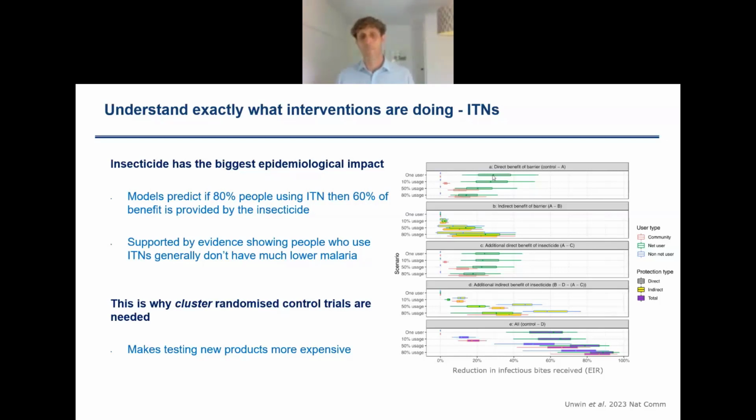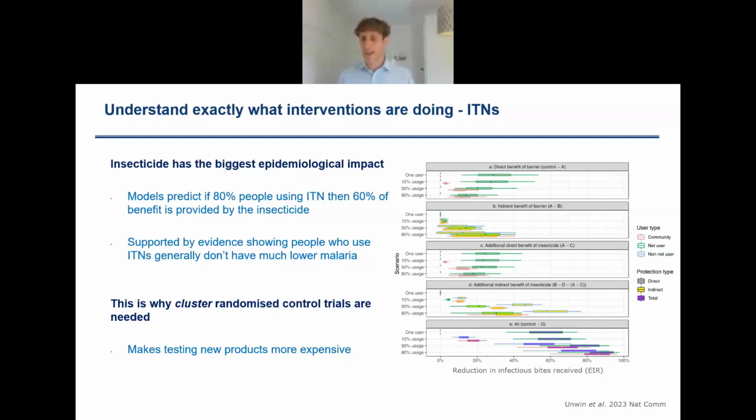But you also get indirect benefit, and indirect benefit is because effectively, if I don't have malaria, then there's less chance of me giving it to somebody else. And so that lowers the force of infection in the community, and you get the benefit that way. If you have one user, you get very little indirect benefit. But if you have 80% of the population using a bed net, then you have quite a lot of indirect benefit just from that physical barrier.